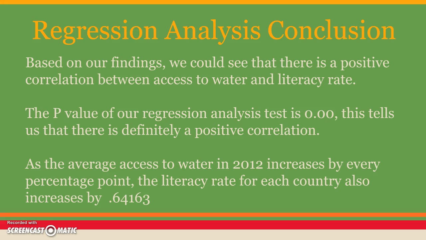Well, actually, the slope is greater than 0, so this tells us there's a positive correlation between our two variables. And from our line equation, we get that for every percentage point that average access to water increases, the literacy rate increases by 0.64163.